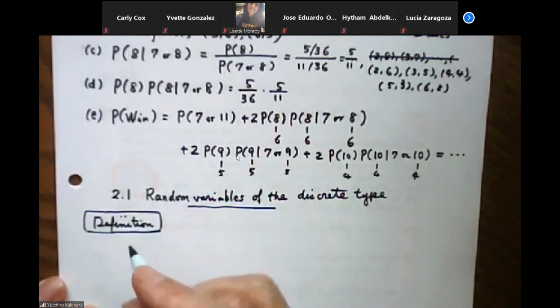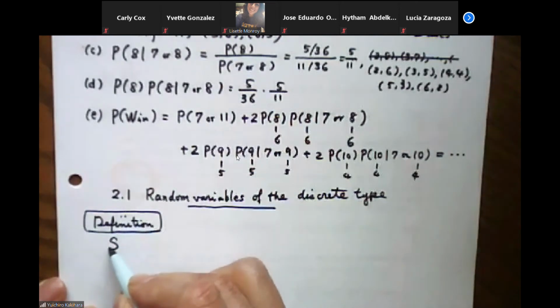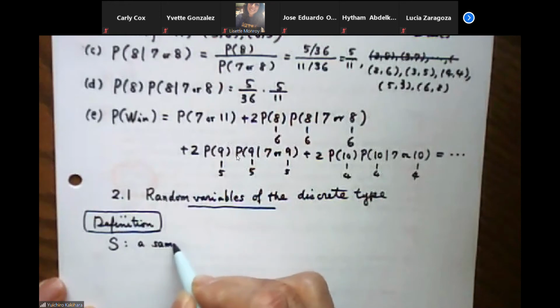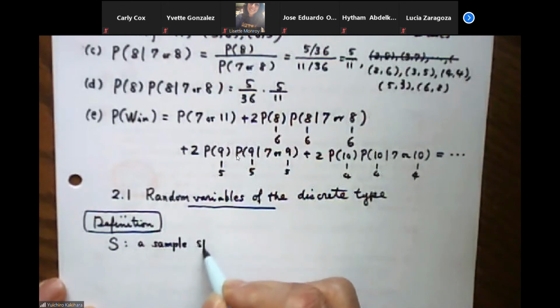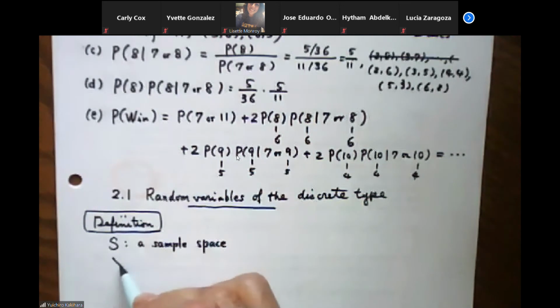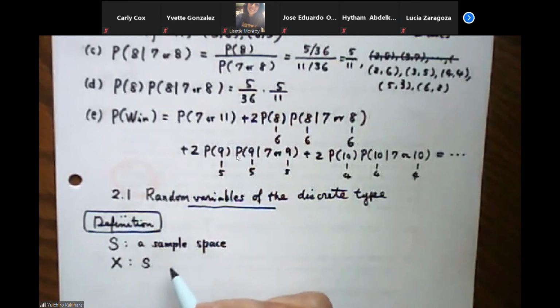Okay, first a sample space is there. And then the random variable is a function on sample space S. X is a function defined on sample space S, usually taking a real value.